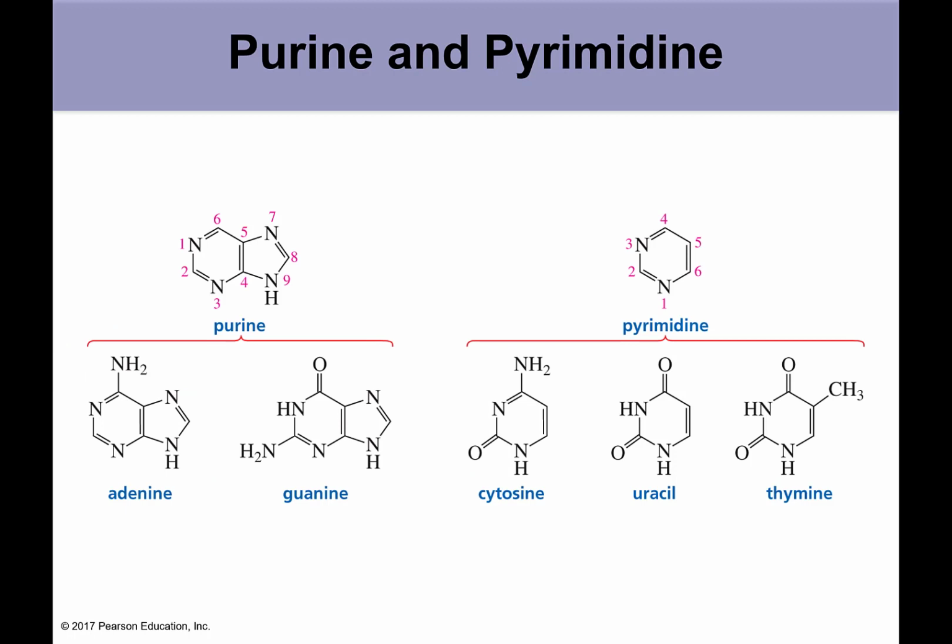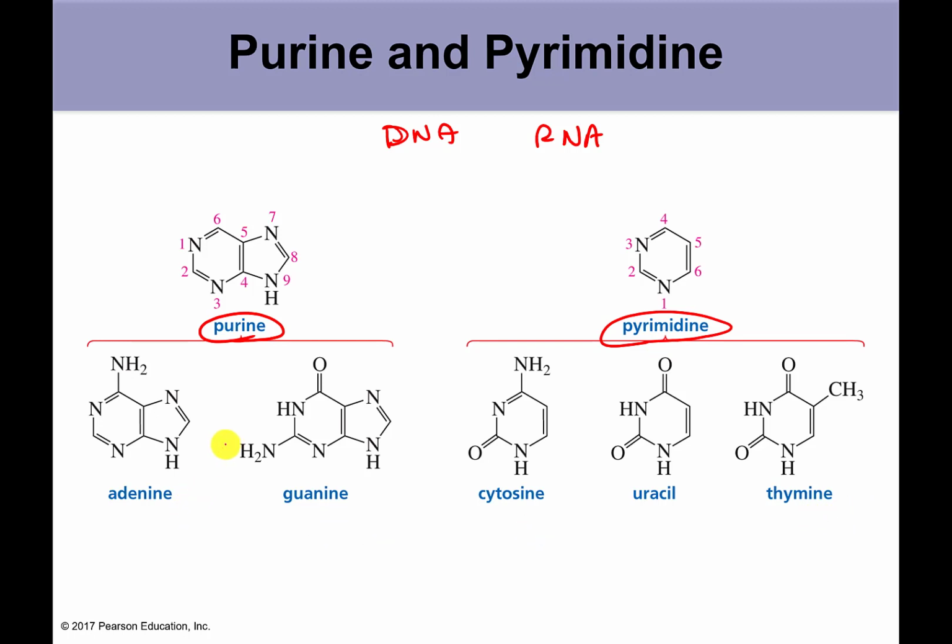Another place we see nitrogen heterocycles is in DNA and RNA. And the heterocycles, which we call the bases that are found in these structures, are purine and pyrimidine. And in DNA, we have adenine, guanine, cytosine, and thymine. So this is for DNA.